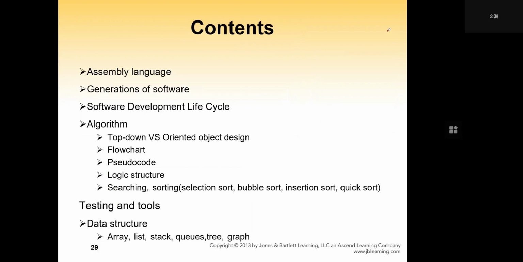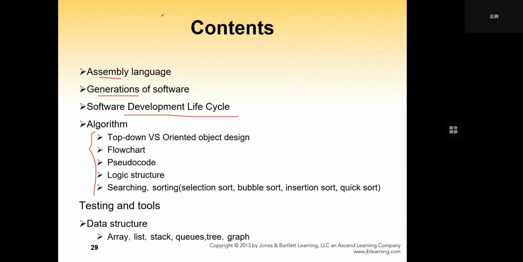Next we are going to learn about assembly language and also the generations of software. We also talk about the software development life cycle. We are not going to show algorithms in this class; we are going to show them next Tuesday, several frequently used, very classic algorithms like searching algorithms and sorting algorithms.